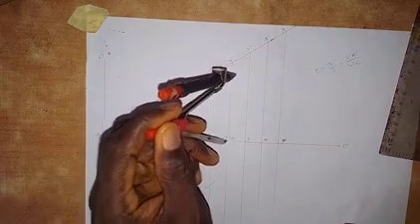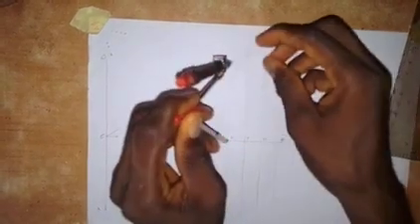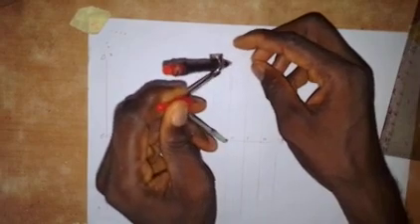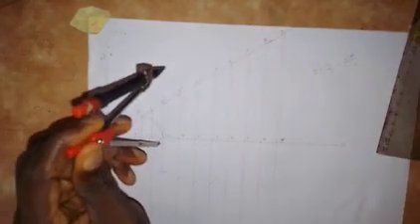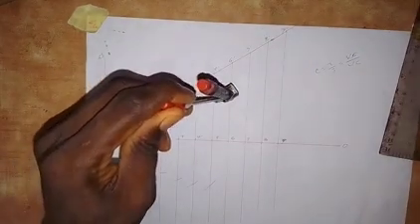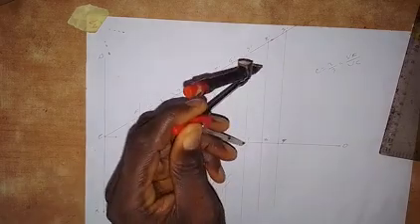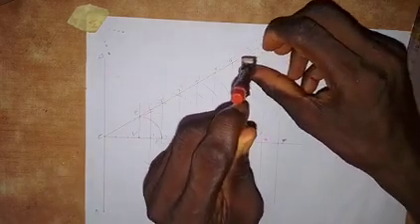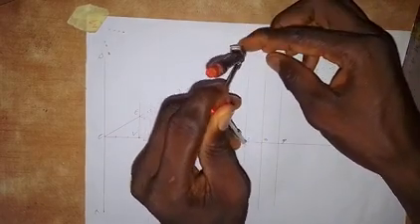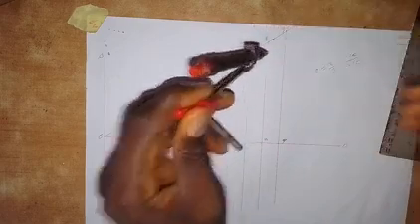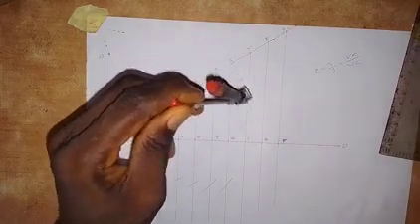Then we put it at 6, extend to 6 prime on the line, raise it up, put it at F, and make an arc on 6 up and down. Next, we have 7. We extend it to 7 prime on this line, raise it up, put the pinpoint at F, and make an arc on 7 up and down.